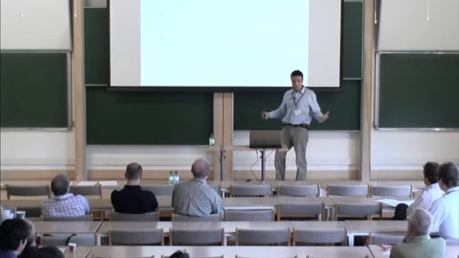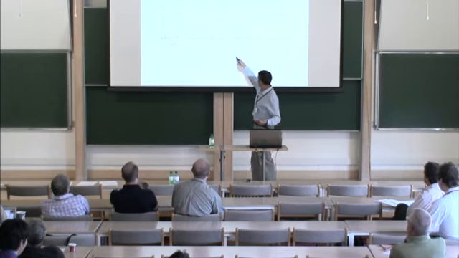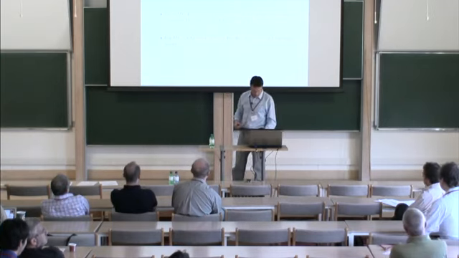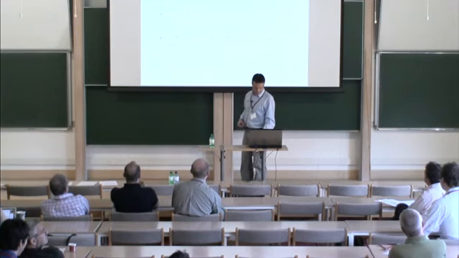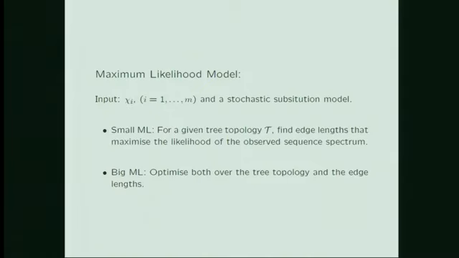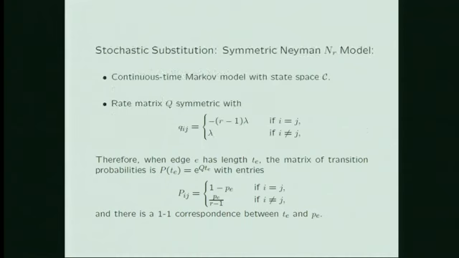And then there's a big ML problem, which assumes that you don't know the tree topology and you have to optimize over the tree topology as well. Of course, the big ML problem is harder than the small ML problem, but the small ML problem is already interesting because often you have many different ways of establishing, say, the tree topology, and you'd like to have confirmation about the length.